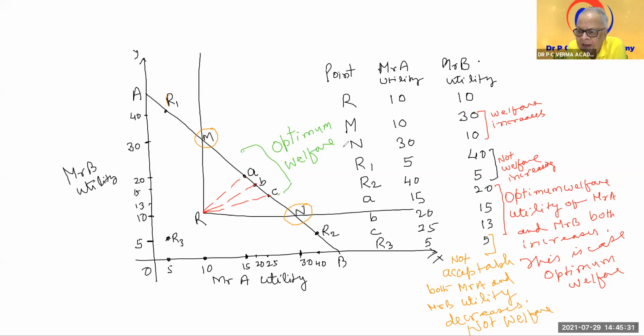If both are getting increased utility, then the project will be okay.